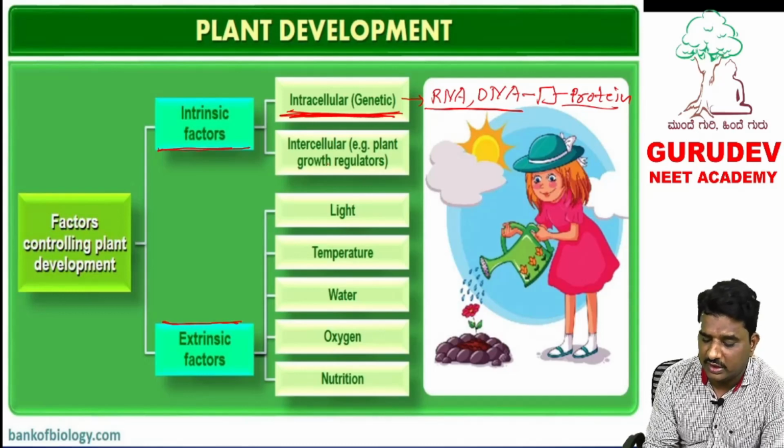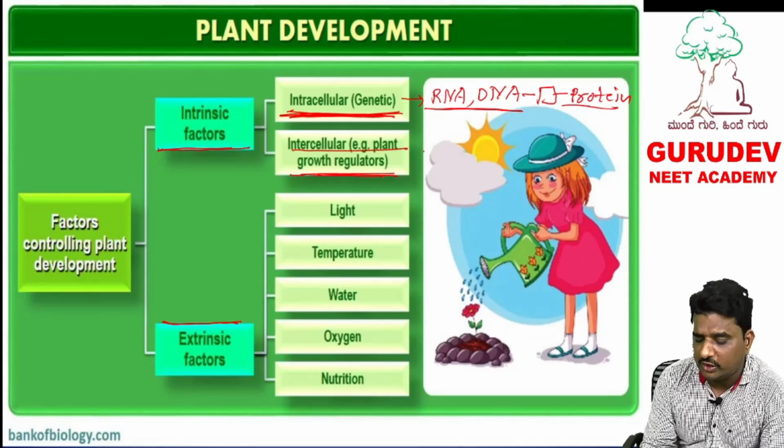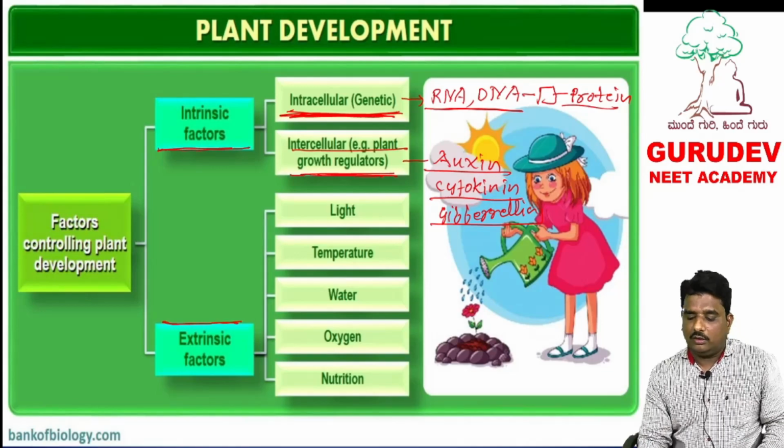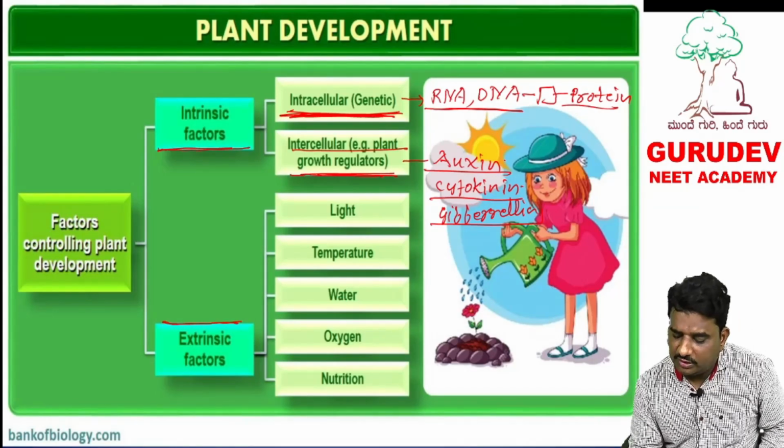These are the intracellular factors. Intercellular factors are nothing but plant growth regulators. Which are the plant growth regulators? Like auxin, like cytokinins, like gibberellins. These factors play a very important role during plant growth. This helps for shoot formation, this helps for root.